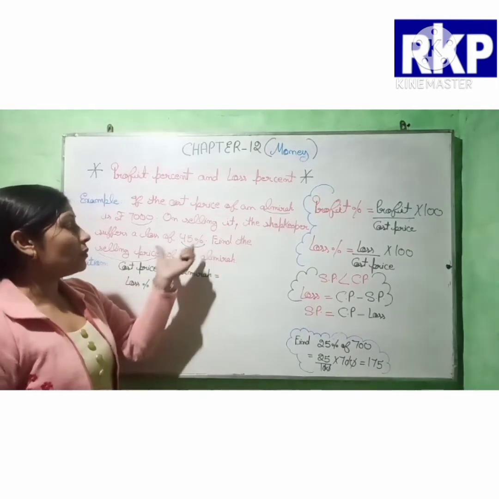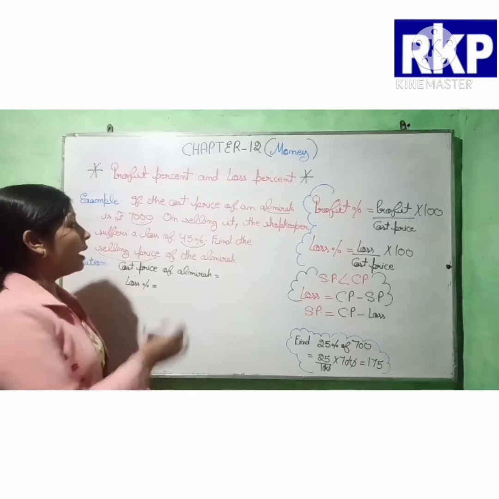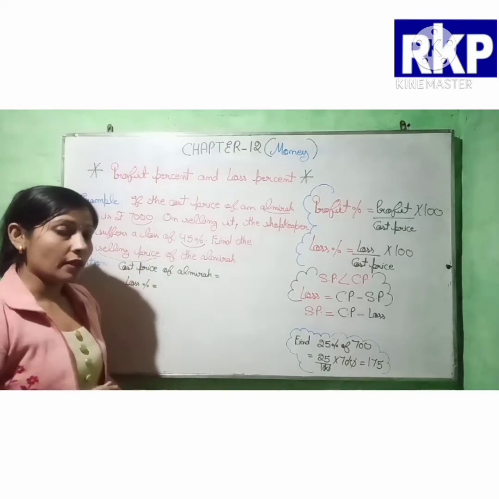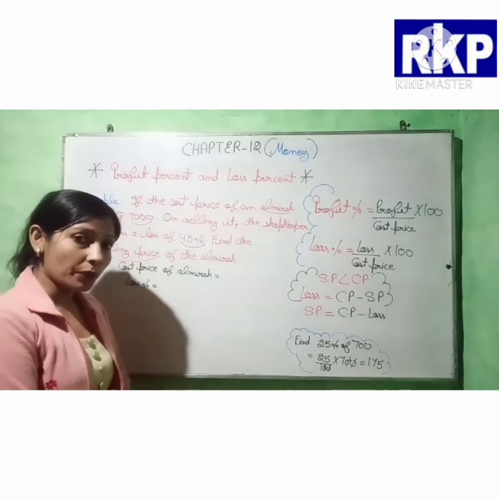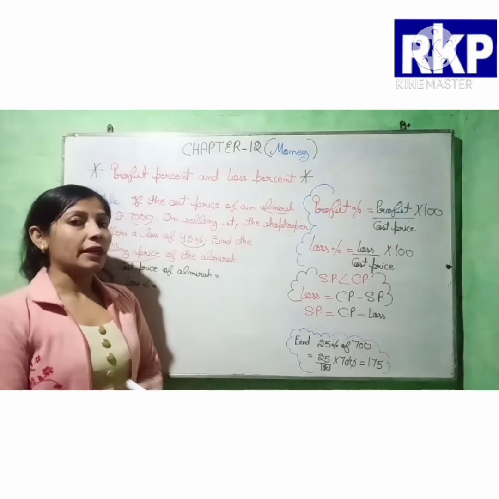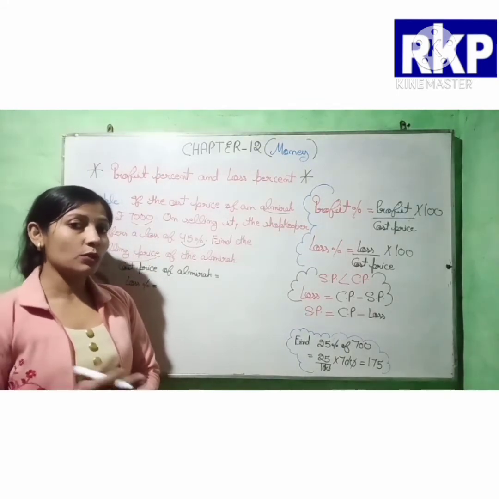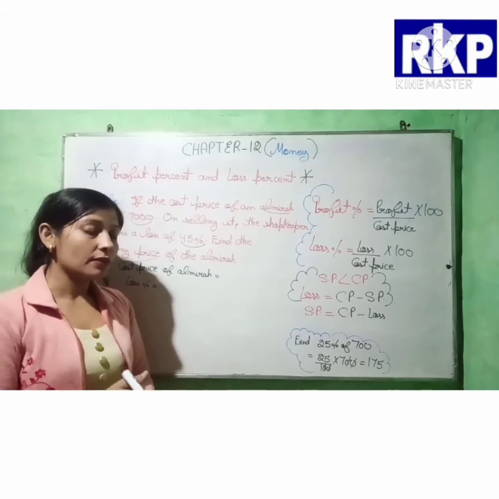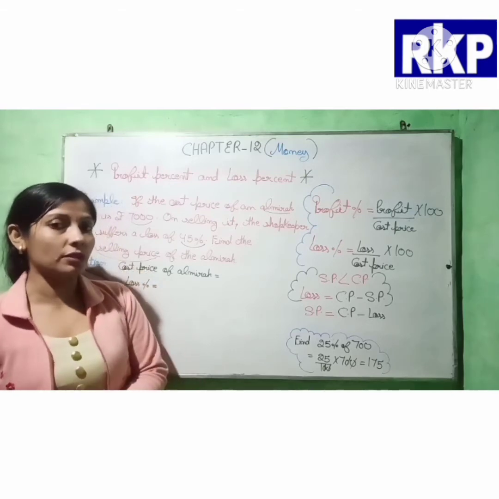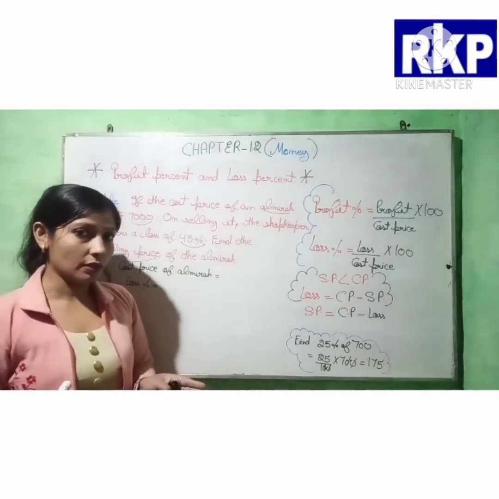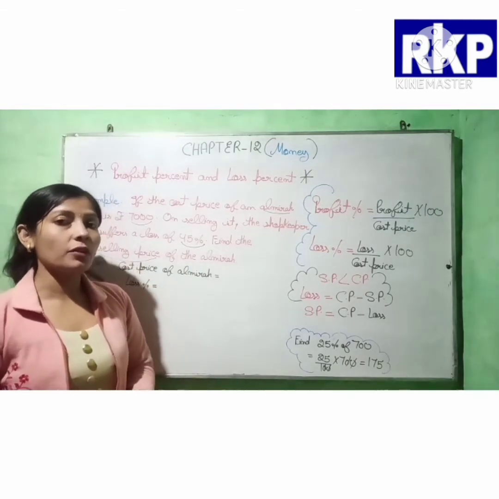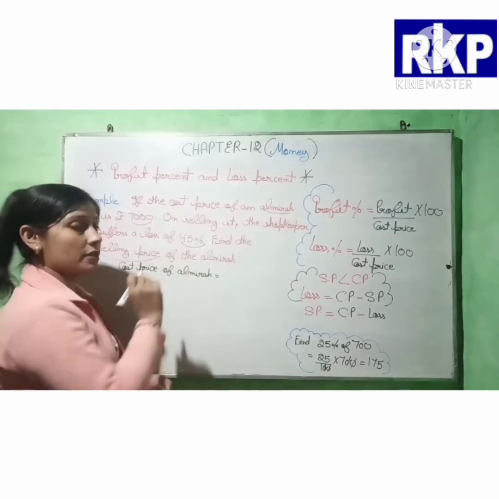Okay, means we have loss percent and cost price. And here we need to find out selling price. And you know that if we want to find out selling price, then we should have cost price and loss or profit. But here we don't have profit, we don't have loss. Here we have loss percent.